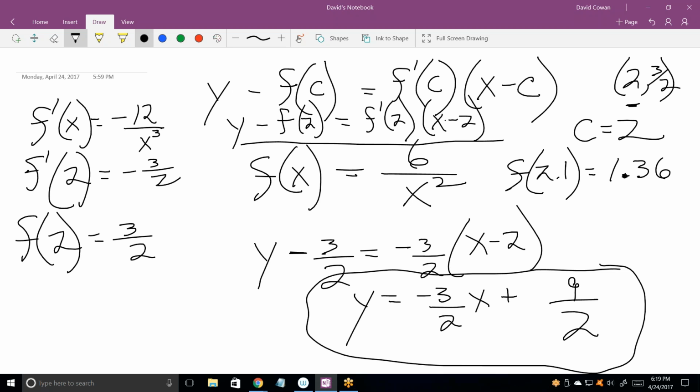Okay. And now let's go down and test our approximation when x is 2.1. Well, when I put in 2.1 here, what do I get? What's minus 3/2 times 2.1? And then add to it 4.5.